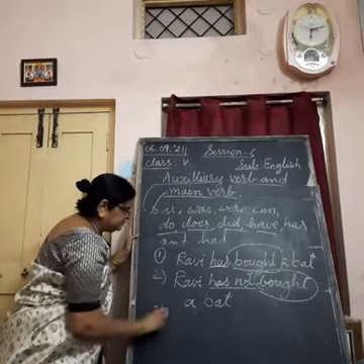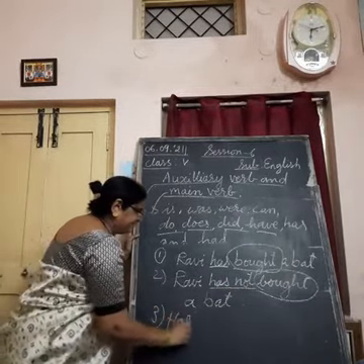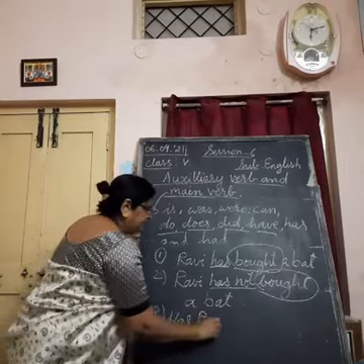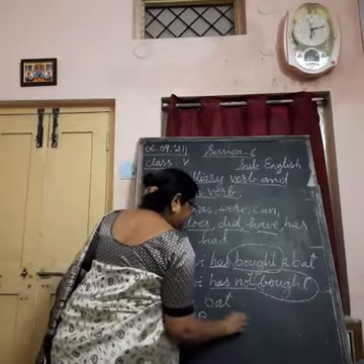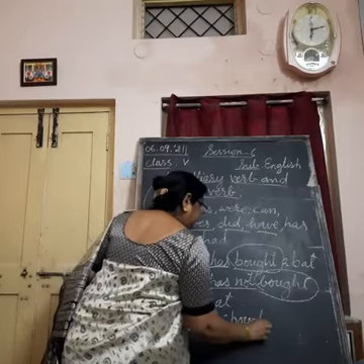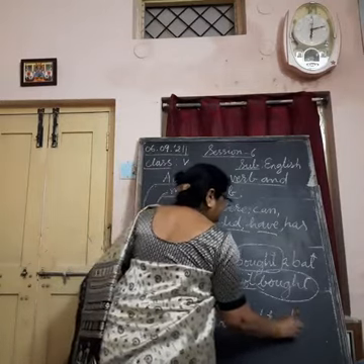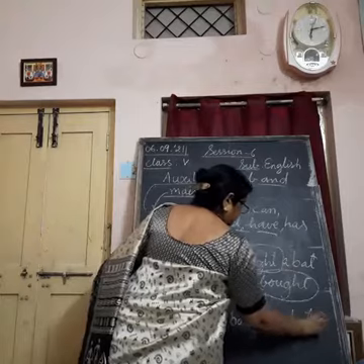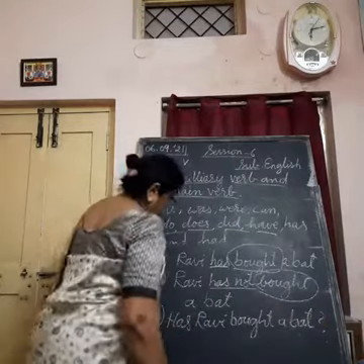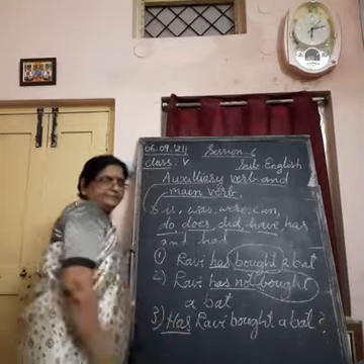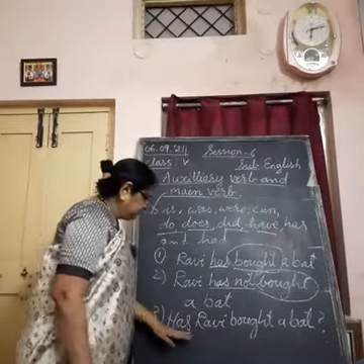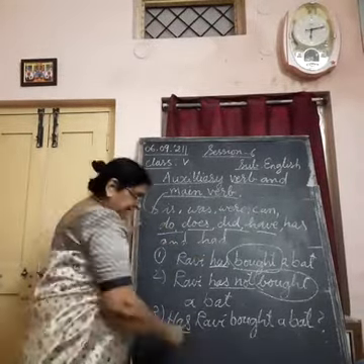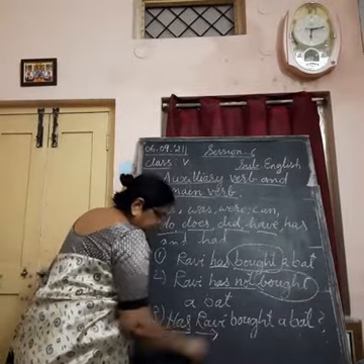Third one, same sentence. Has Ravi bought a bat? Has Ravi bought a bat? Question mark. So, has comes in the beginning. Only when we form the question, auxiliaries will come in the subject space, and second followed by the subject.